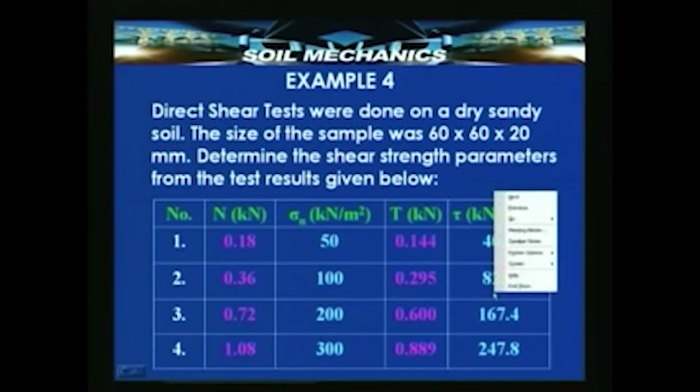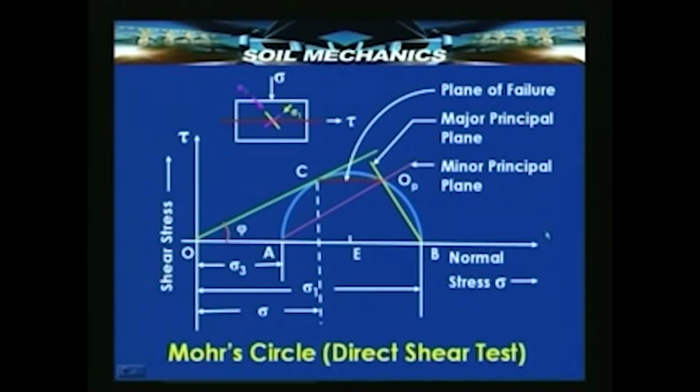Let me go back a little bit. We see here that the Mohr envelope is tangential to the point C, for which the coordinates are sigma and tau, which means that if I take the 2 axes and test by test, if I plot sigma and tau corresponding to failure, I will go on getting points C1, C2, C3, C4, 1 each for each one of the tests conducted.